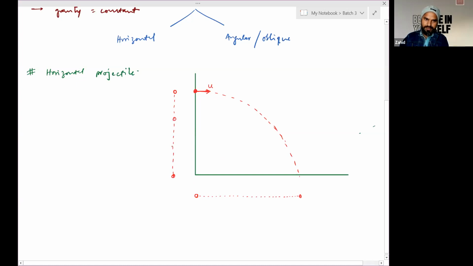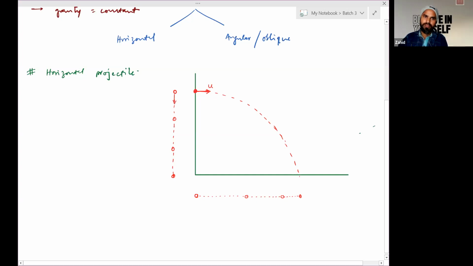So this body has two different directions of motion.